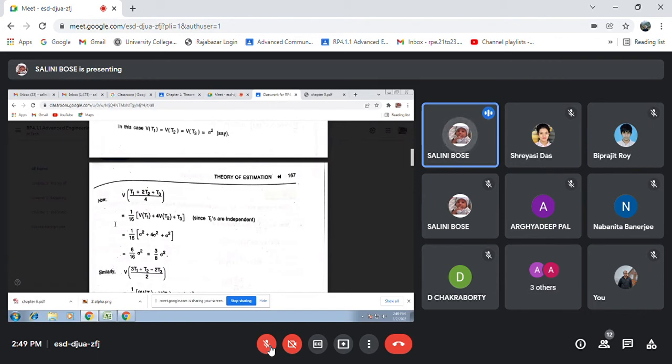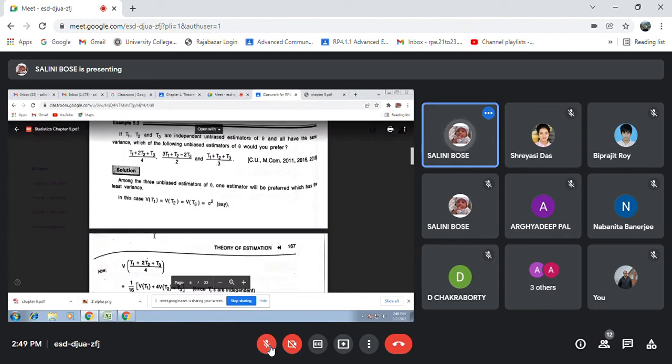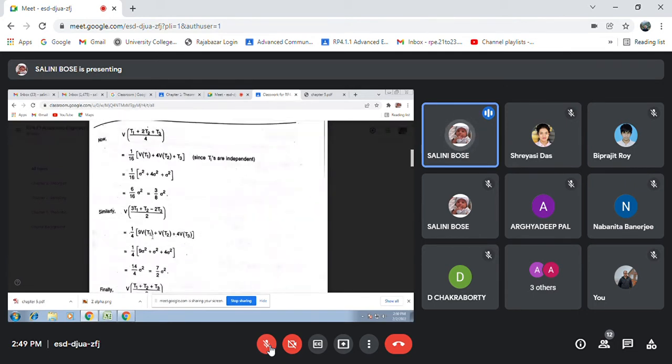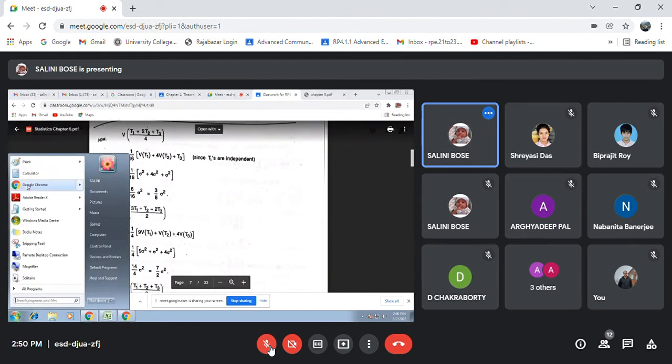Here 4 is a constant, so when 4 comes out, it becomes 1 by 16, 4 square. And variance of 2T2 means 2 is a constant, so it will become square, that is 4, variance of T2, that is sigma square. You know variance of bx is equal to b square variance of x.